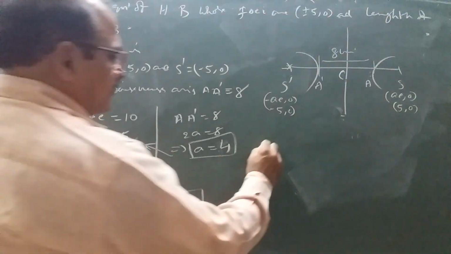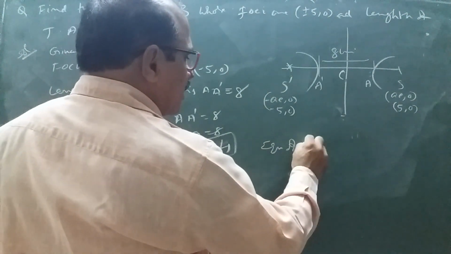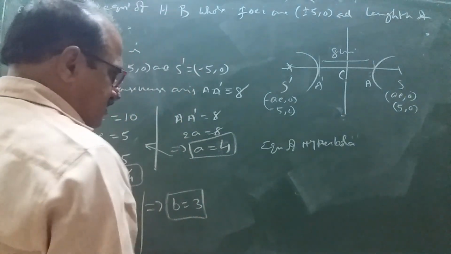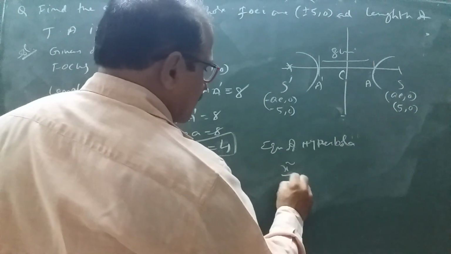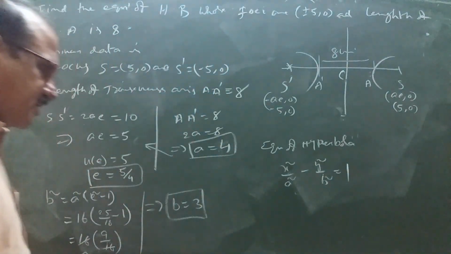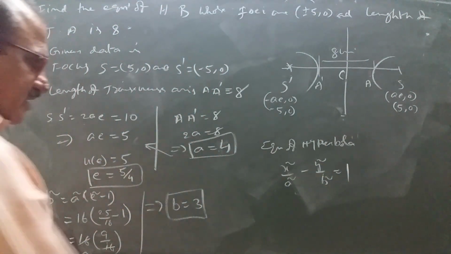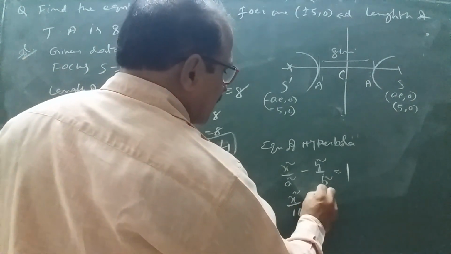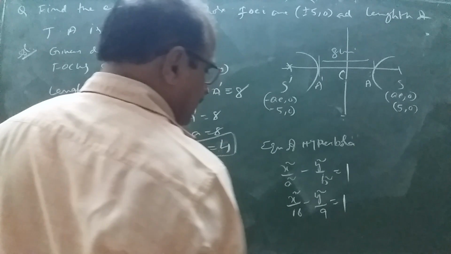Therefore, equation of hyperbola may be taken as x square by a square minus y square by b square is equal to 1. By substituting the values of a square and b square, we can get the required equation, that is x square by 16 minus y square by 9 is equal to 1.